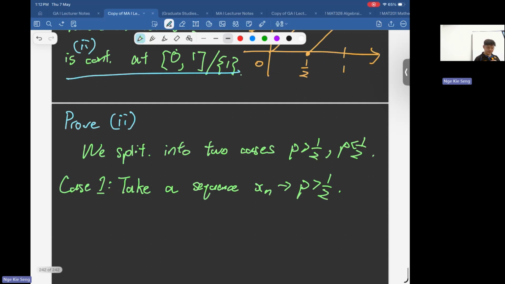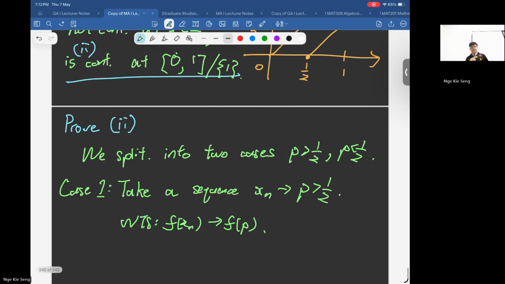Then we want to show that f(xn) converges to f(p). So how do we do this? Think about it first. Spend a minute. You need to write down what this means.